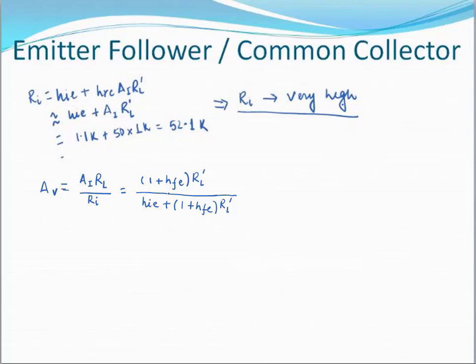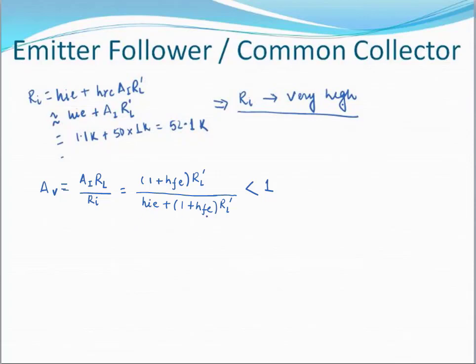So if you see this term 1 plus HFE RL dash in the numerator, and then in the denominator the same term is available, 1 plus HFE RL dash plus HIE, the whole value is less than 1 because the numerator is less than the denominator, as one extra term HIE is present in the denominator.